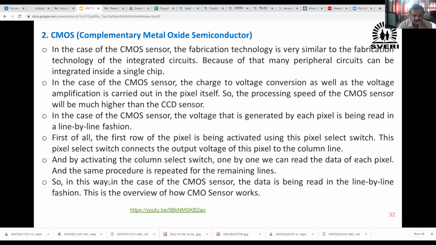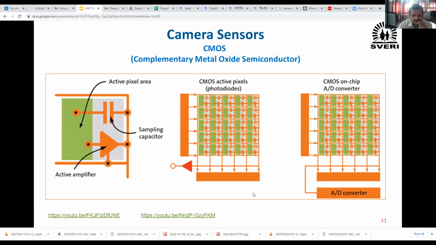So in this way, in the case of the CMOS sensor, the data is being read in the line by line fashion. This is the overview of how the CMOS sensor works. Therefore, we will see this video, then you will understand.